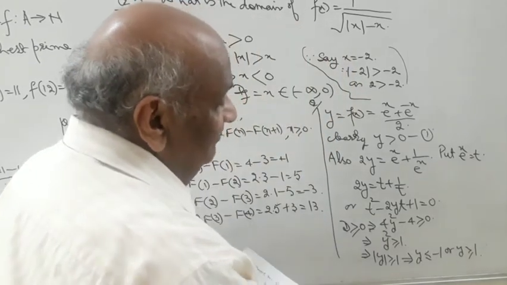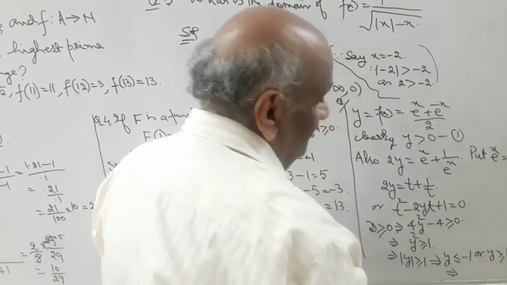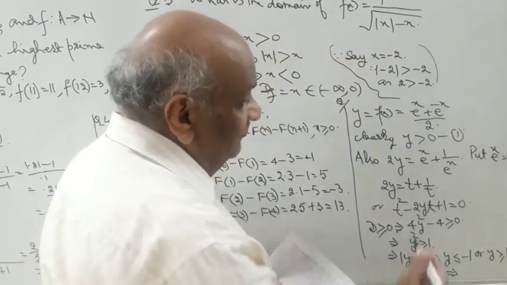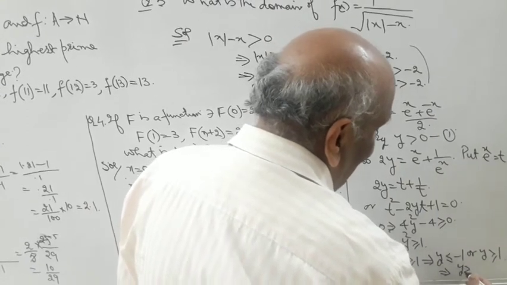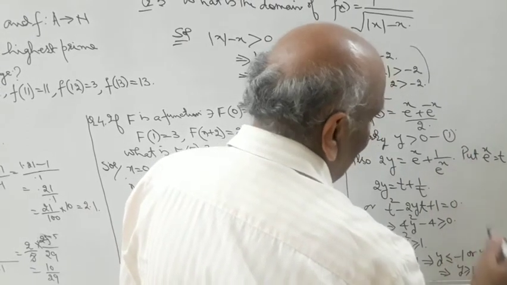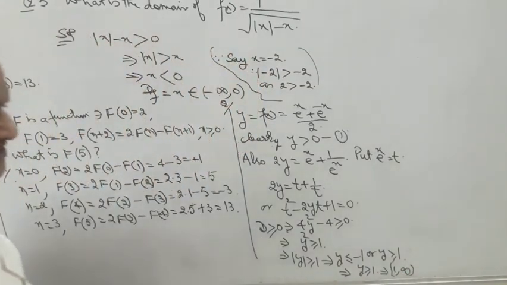But you see now, y is positive. This implies y is positive and of course greater than or equal to 1. The other case is impossible. So we say y greater than or equal to 1. Check out. The range of the function is from 1 to infinity.